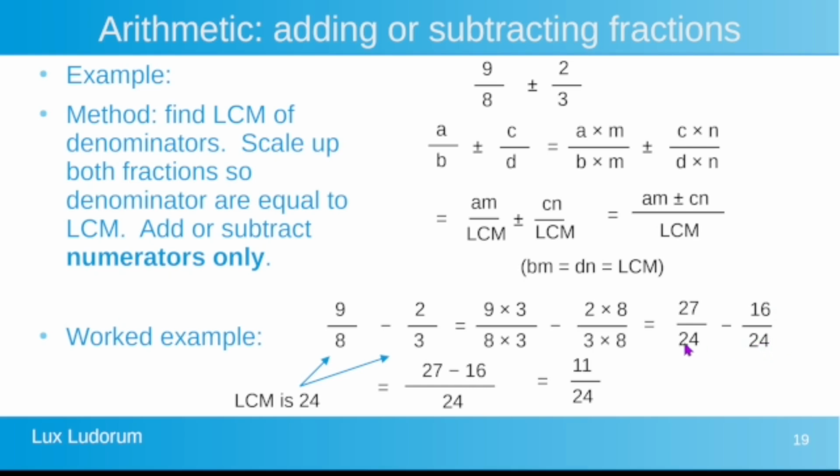They've got the same denominator. So now I can add or subtract, in this case subtract the tops, which gives me 27 minus 16 over 24, and that is 11 over 24. I can't simplify that any further.